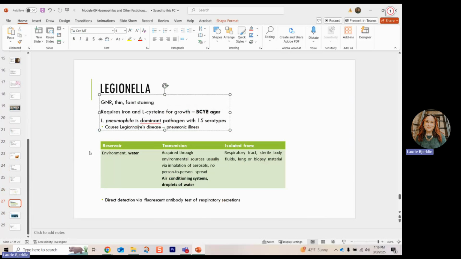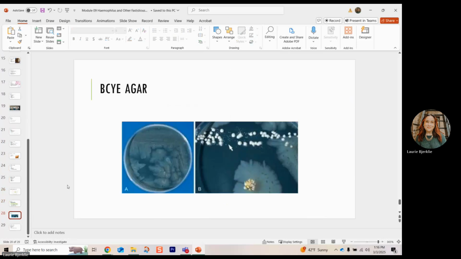And it happened in Philadelphia, I want to say. And so they have now named it Legionnaire's disease as a result of where they first discovered it. So here's what the buffered charcoal yeast extract agar looks like. Again, it's buffered charcoal. Charcoal is a black color, so that's why it looks like a black agar. So there it's growing on that agar plate.